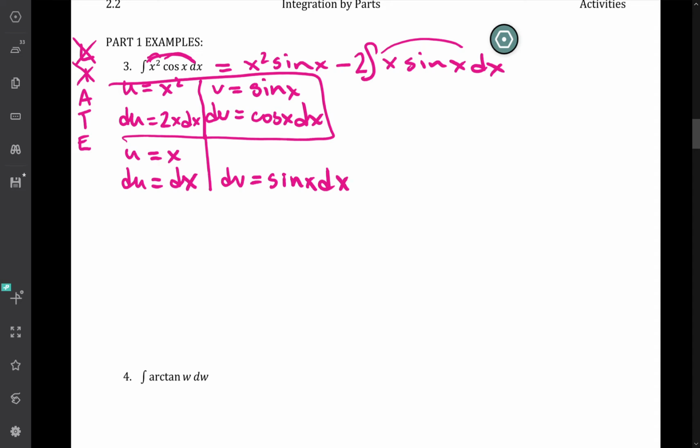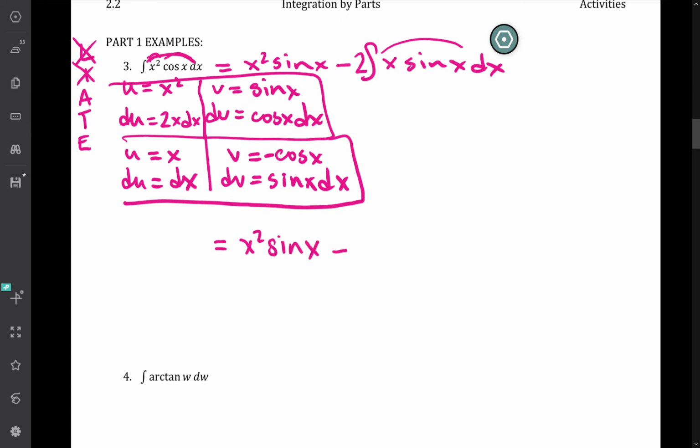I do care whether or not you're writing those dx's. If you leave them off, that's not good. v is going to be the antiderivative of dv, and the antiderivative of sine, let's see, the derivative of cosine x is minus sine, so it's going to be a negative cosine. Okay, and when we put that together, we've got x squared sine x minus 2 times, and the entire integral is getting replaced with what comes out of by parts, so I'm going to bracket off my u times v minus the integral of v du.